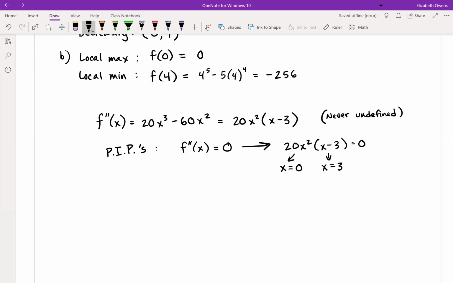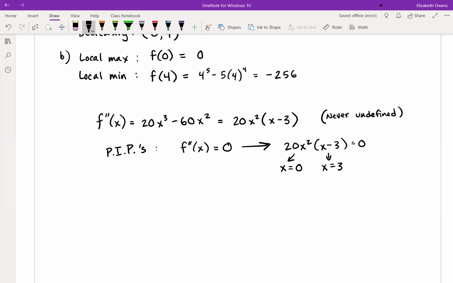Whatever your number is, if you subtract 3, it's going to be a negative result. So we still have a negative second derivative in that interval. Pick some number bigger than 3. 20x squared is still positive, but now x minus 3 is positive as well. So we get a positive second derivative in that part.